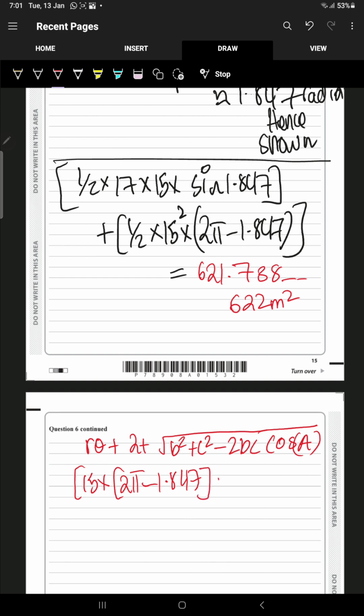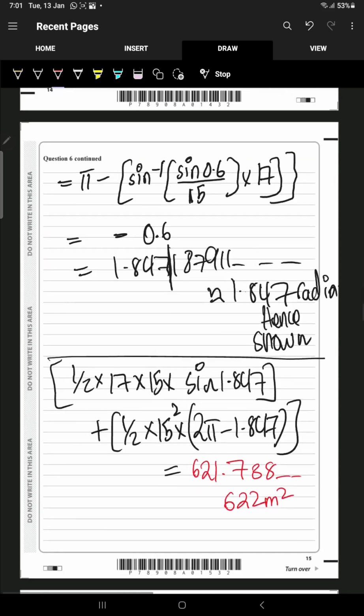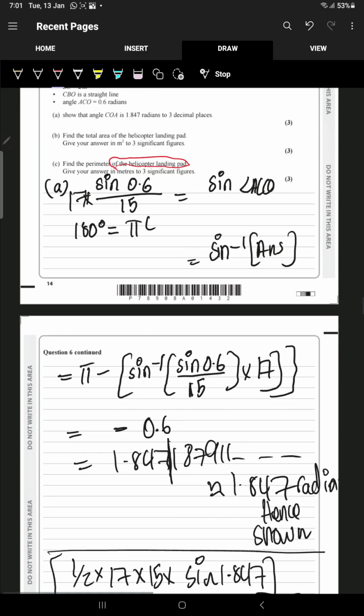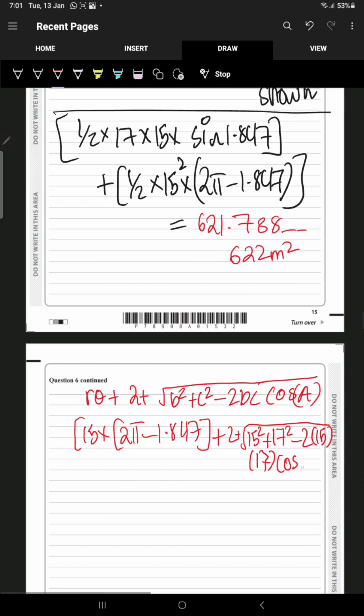So b is 15 squared plus 17 squared minus 2 times 15 times 17 times cos of 1.847. It's the square root. I didn't have enough space.